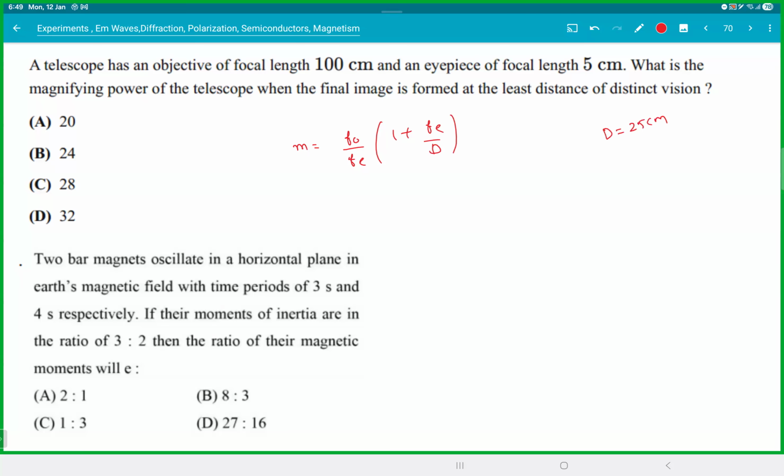Get the next one. Two bar magnets oscillate in a horizontal plane in the Earth's magnetic field. Their time periods are in the ratio 3:4. If their moment of inertia ratio is 3:2, then the ratio of their magnetic moments is? Vibrational magnetometer.